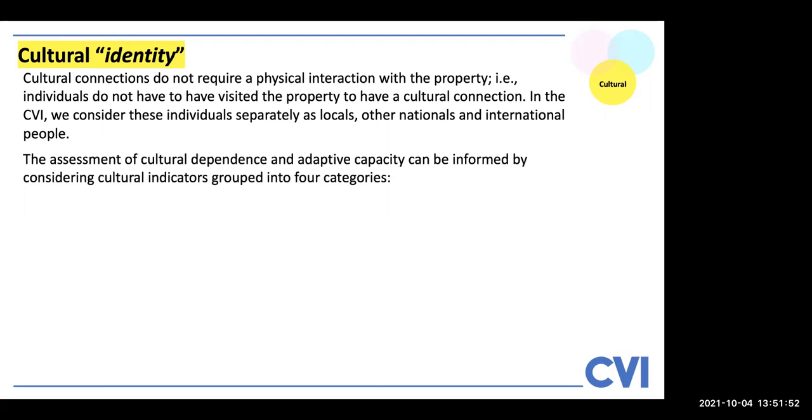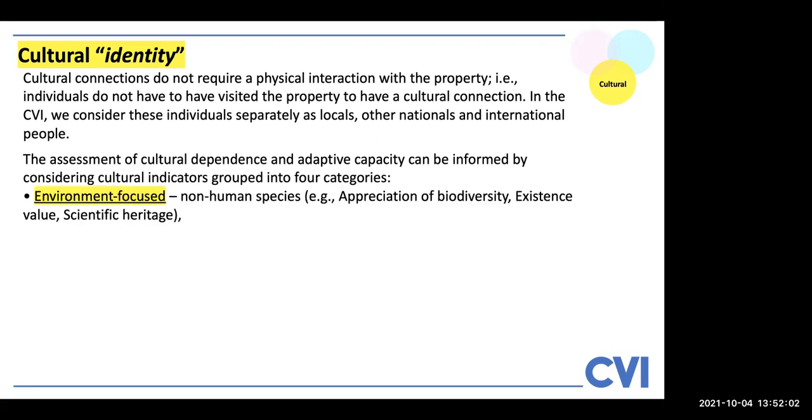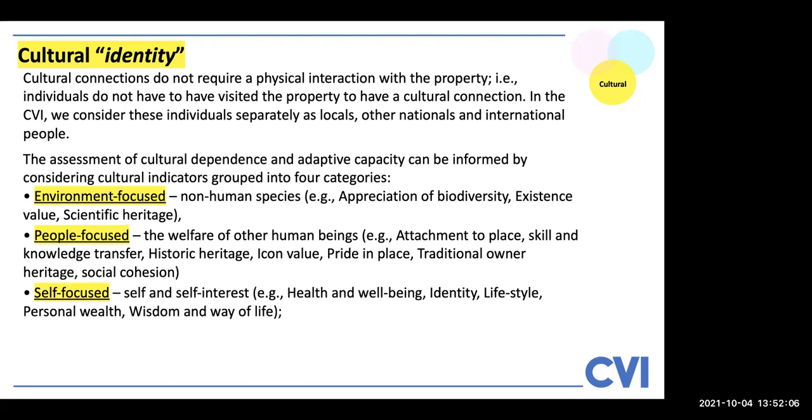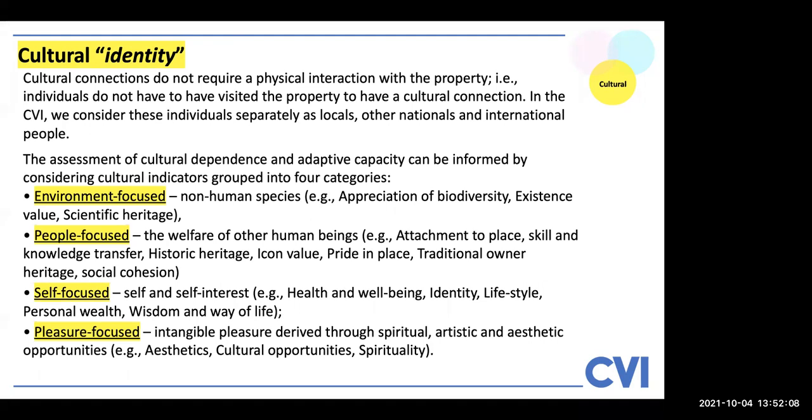But again, looking at the social science literature, we can use these four different categories to help inform the CVI assessment in this area. So there are some aspects of culture that are environment focused. And you can see some examples there in the brackets. There are some that are very much people focused.